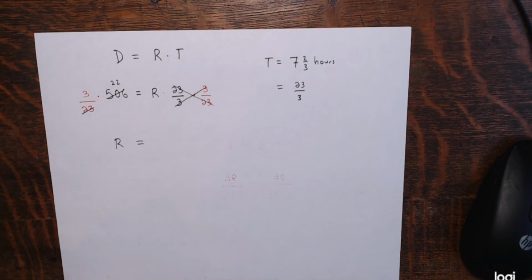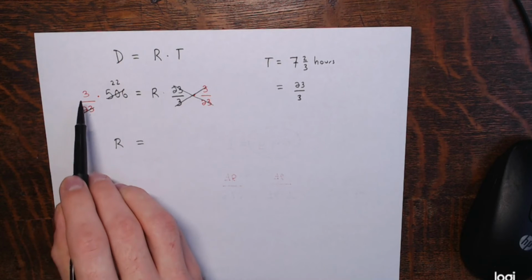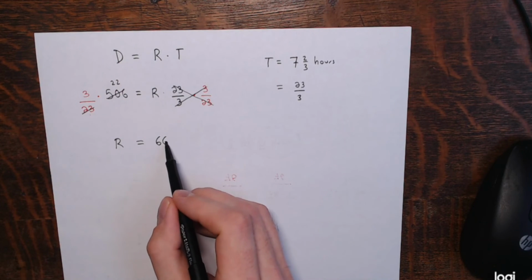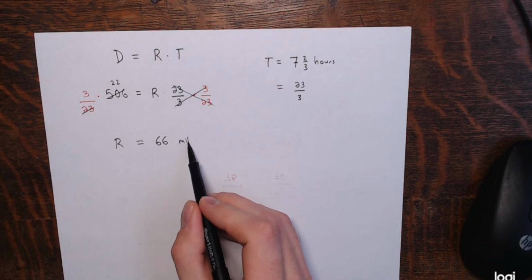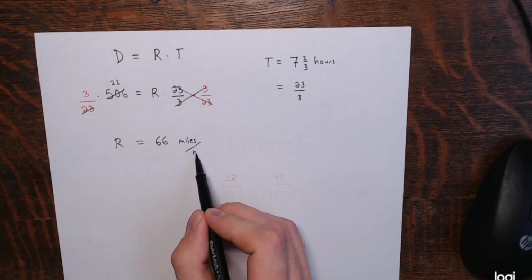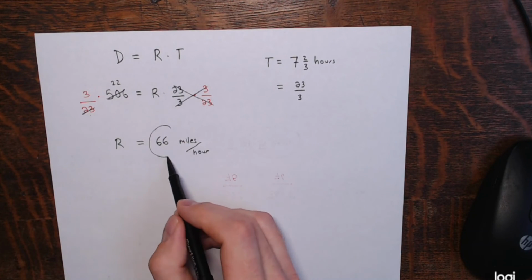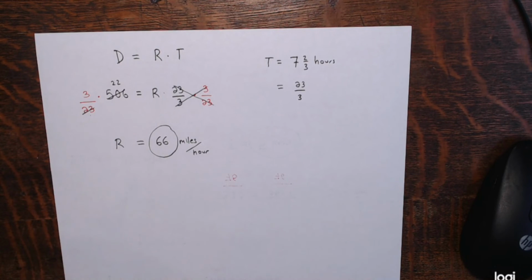And then 3 times 22 is left over. That would be 66. And again, this is in miles per hour. Miles divided by hours, or mph, whatever. And that's what they want, right? The 66. So this trip, the bus traveled on average 66 miles per hour.